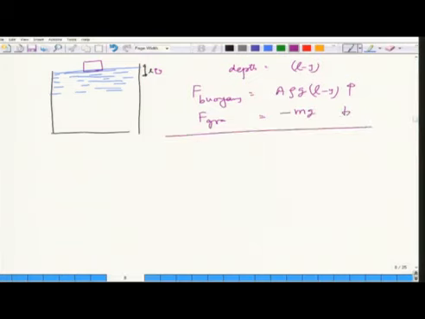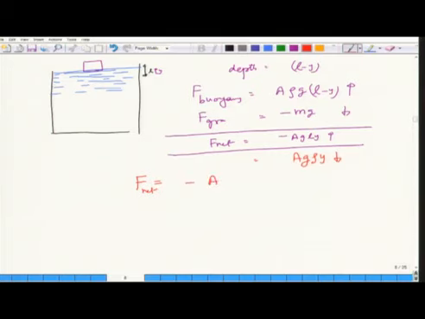Again, when I add the two forces, F net comes out to be: A rho g L and mg cancel, and you get minus A rho g y up, and minus sign means down. So, when y is positive, that means it is being pushed up, and the force is down. So, the expressions are the same: irrespective of whether the block goes up or comes down, F net is minus A g rho y.